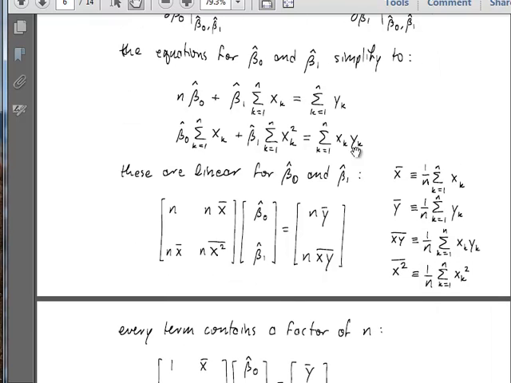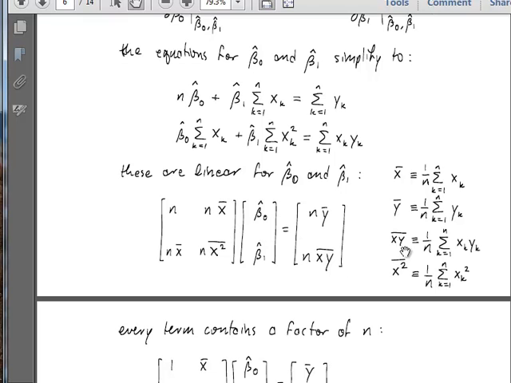So these two equations are actually linear equations when you view them as having beta 0 and beta 1 as the unknowns. So we can write these in matrix form, noting that we can write this sum as n times the average value of x, and likewise we can write this sum as n times the average value of y across our data set.